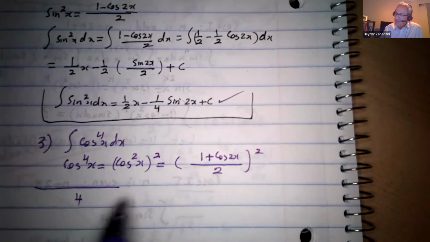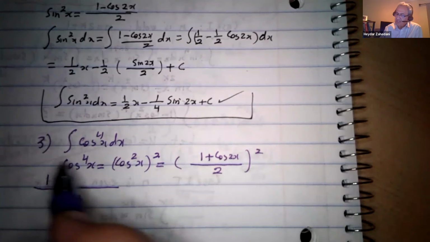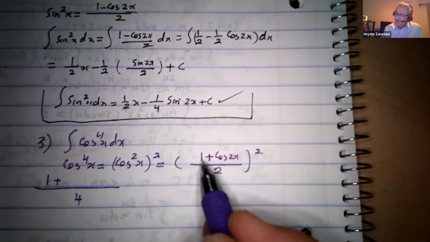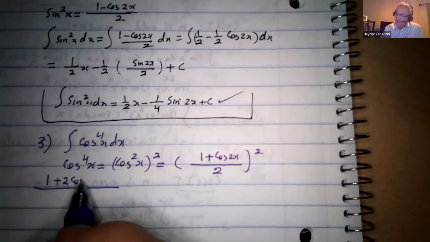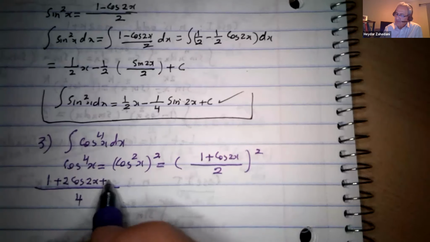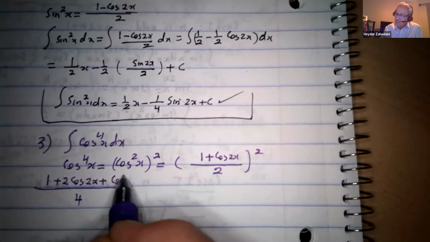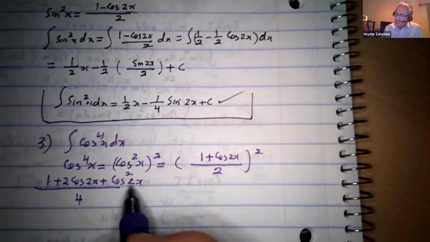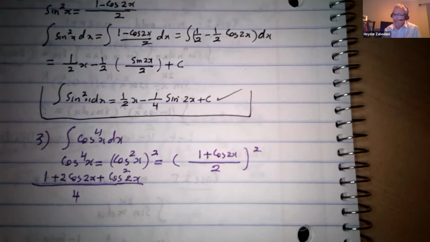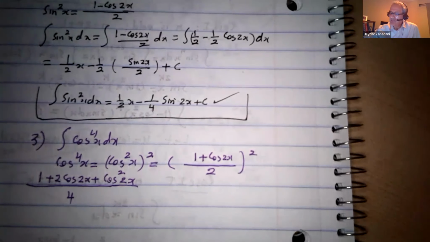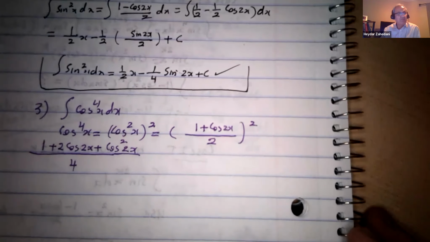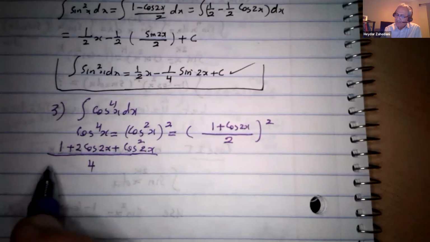For the top, we use the square of a binomial. The square of the 1 is 1, plus twice the first times the second, which is 2 times 1 times cosine of 2x, plus the square of the second one, which is cosine squared of 2x. You can use the FOIL method if you don't like this method. Now you have to simplify, then integrate it.